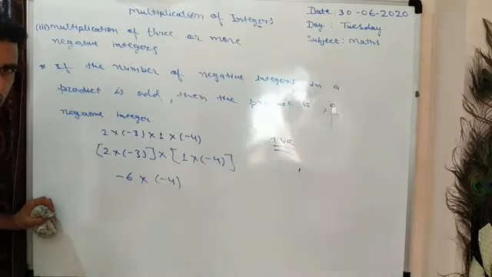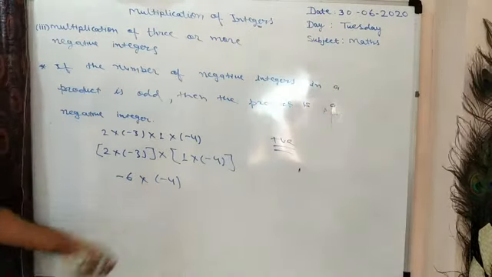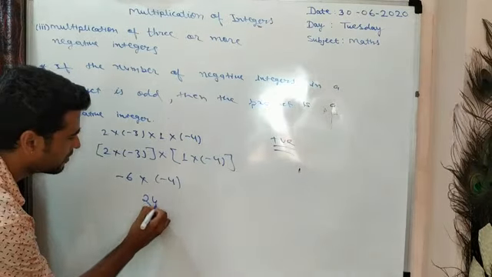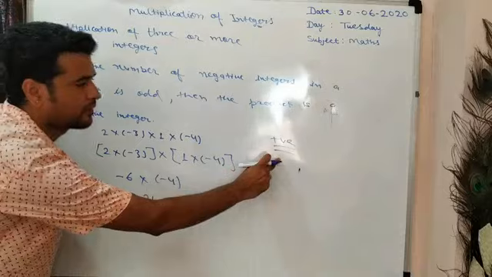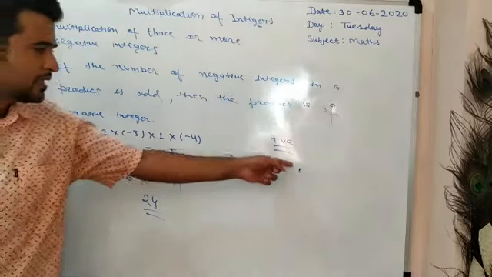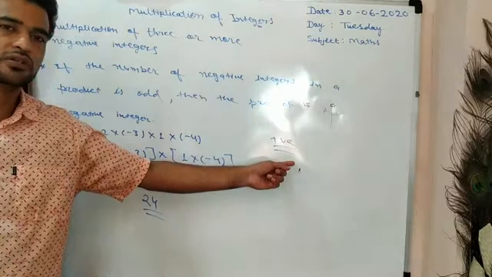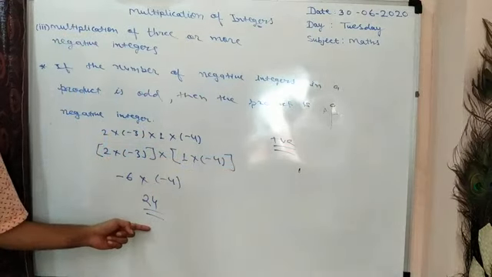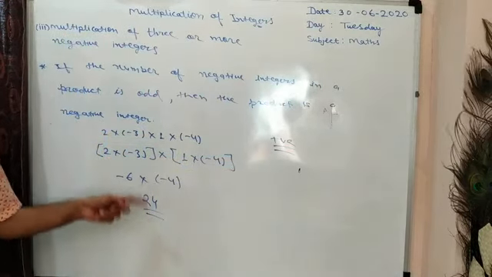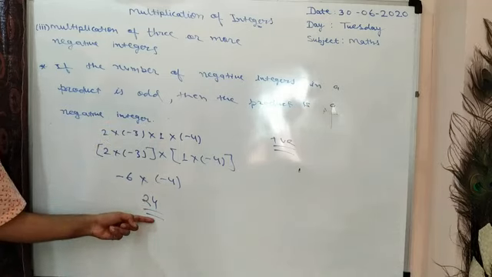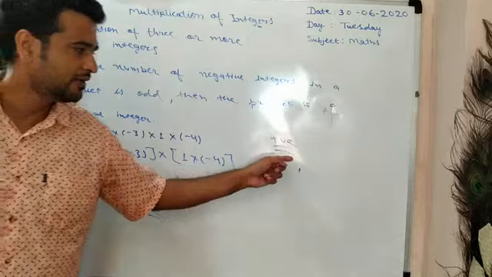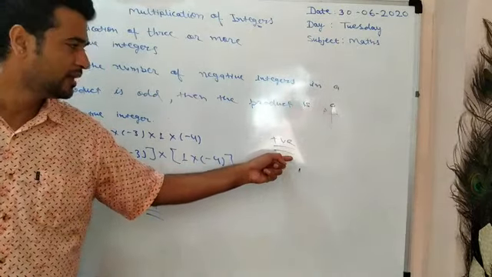Minus minus, we have multiplication of 2 negative integers, that is positive. 6 4s are 24, positive. So directly we can say whether the sign of the result should be positive or negative, or here we can solve.